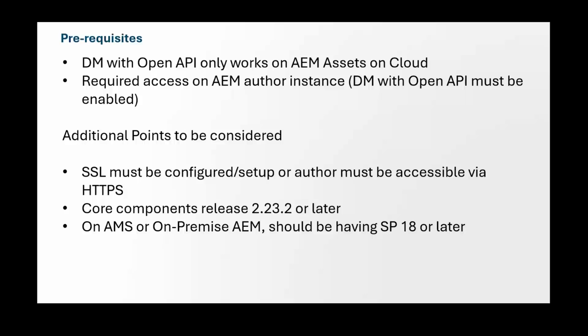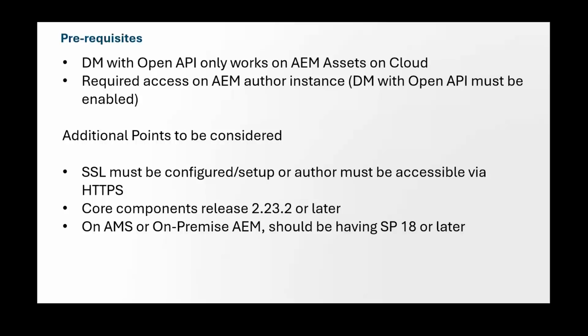This feature will be enabled by the Adobe team, so you need to raise a request. Once they enable it, whether you have a combination of different modules like Sites, Assets, and any other product, or just the Assets module available on your cloud authoring instance, you can start leveraging the Dynamic Media OpenAPI features.